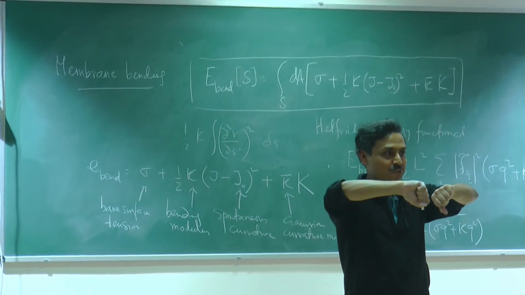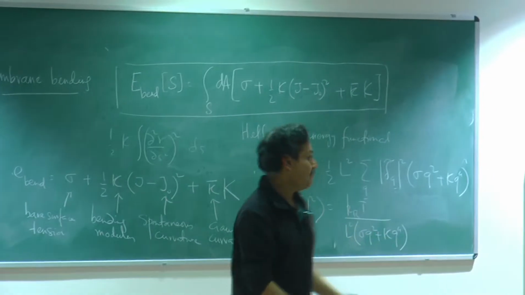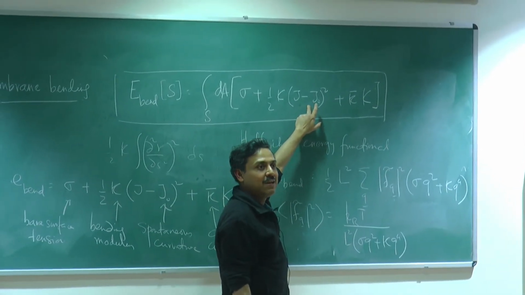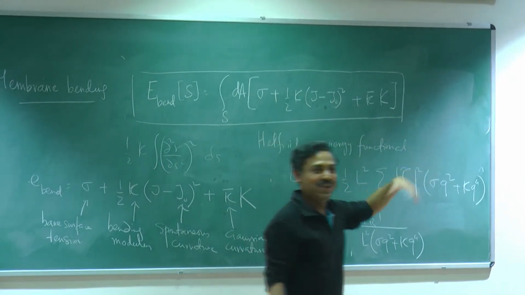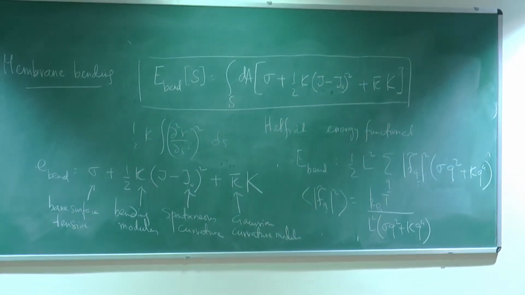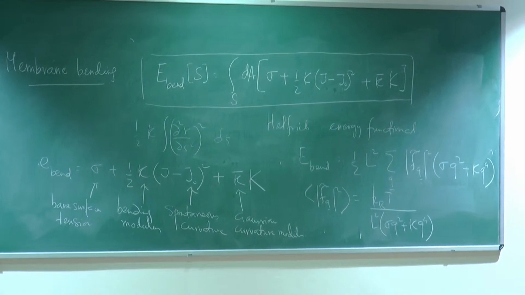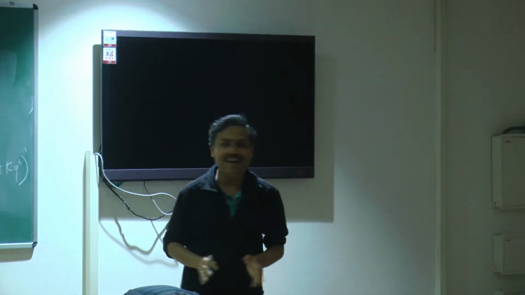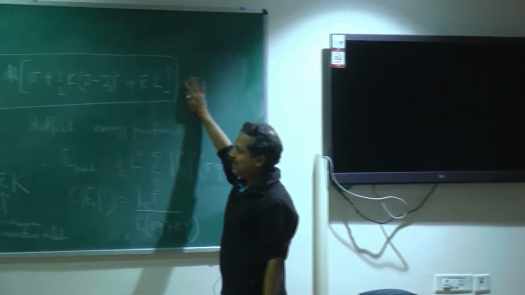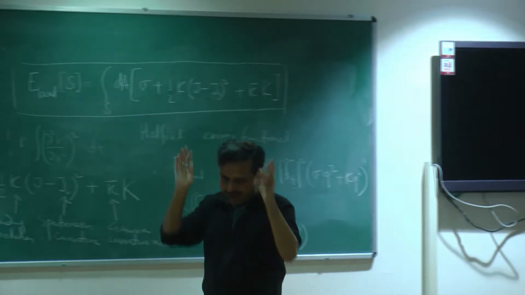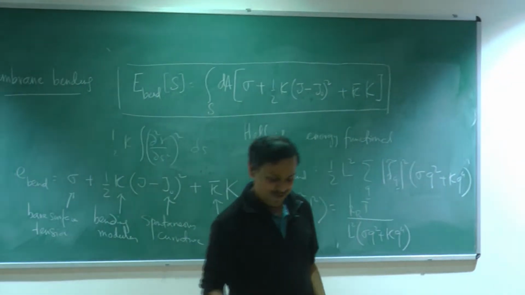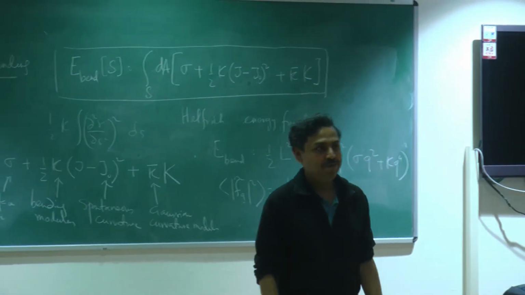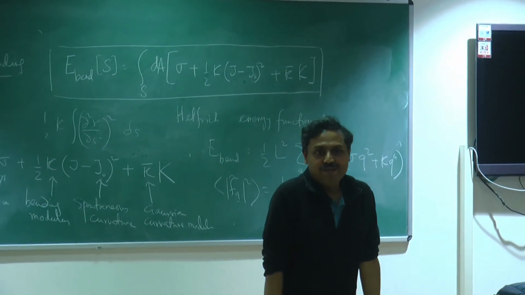You don't penalize one more than the other; the whole square takes into account this factor. So the form of the Helfrich Hamiltonian applies to a large context of soft matter. I wanted to give you a flavor and tell you that this is something which can be worked out. The details I have not been able to completely show you, but you're free to look at the literature to find them out.